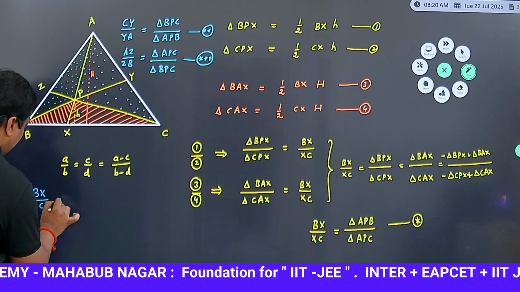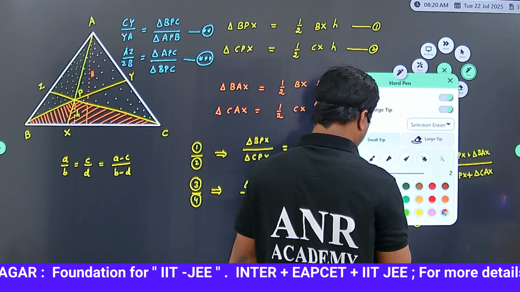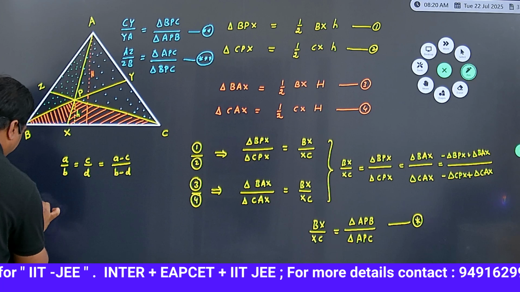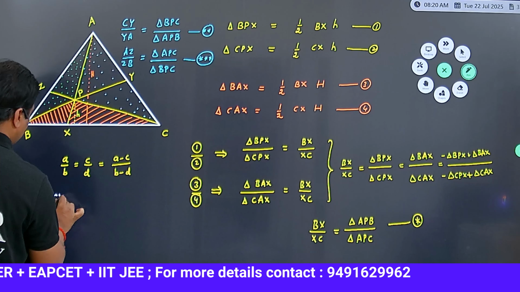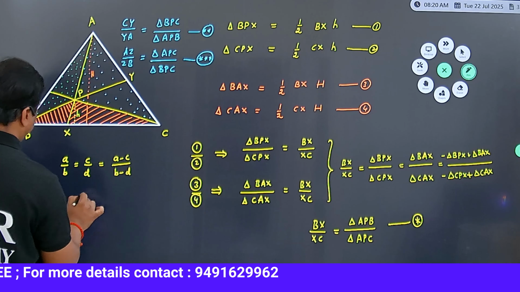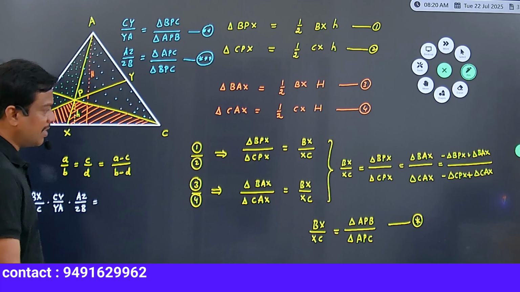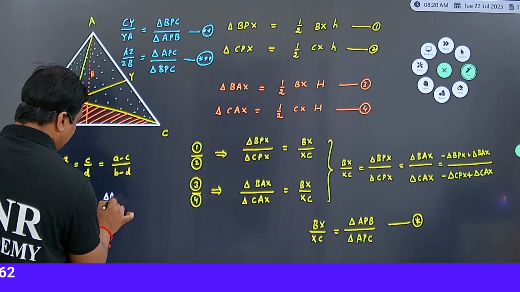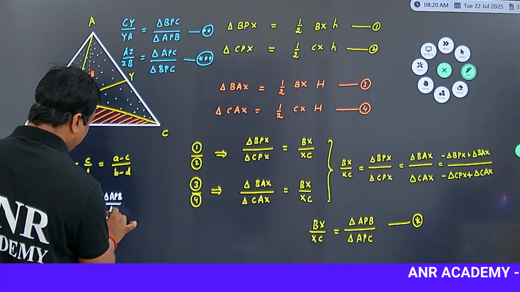BX by XC multiplied by CY by YA multiplied by AZ by ZB. See, BX by XC from the first star is area of triangle APB divided by delta APC, the first result.